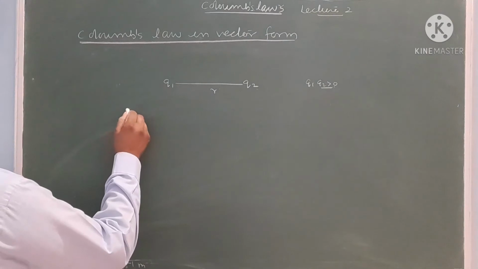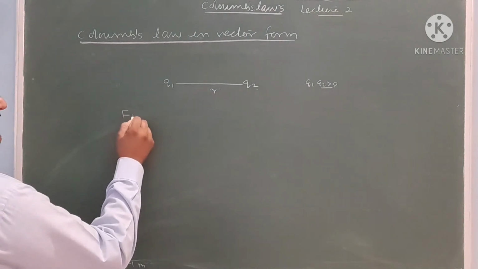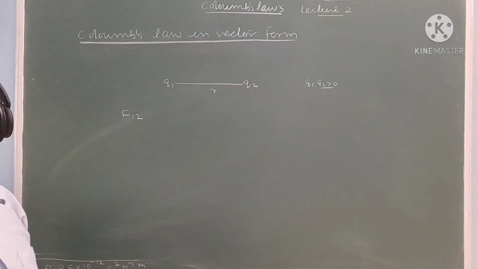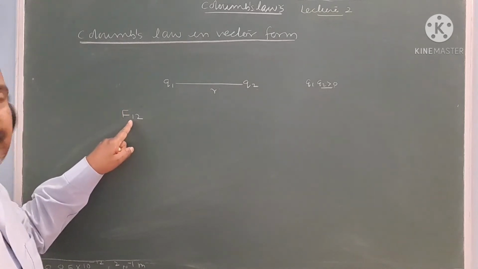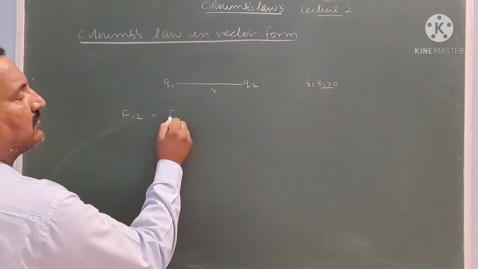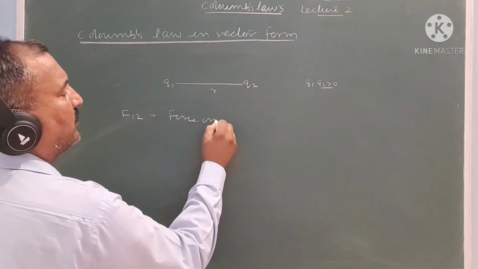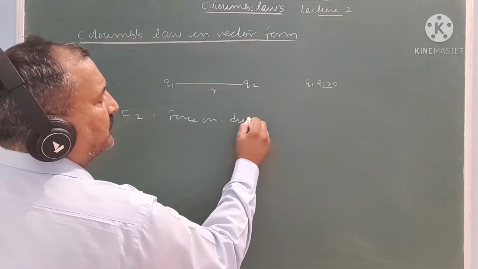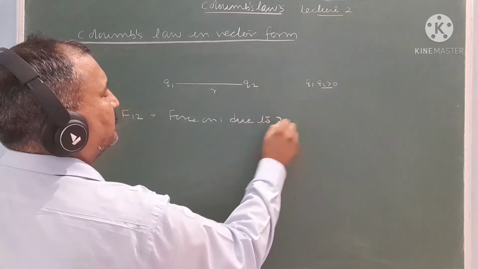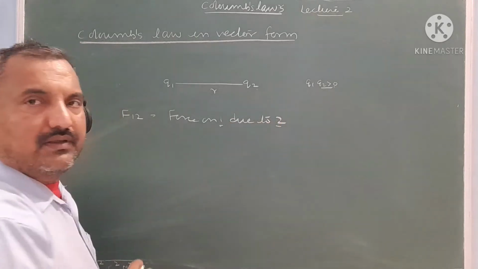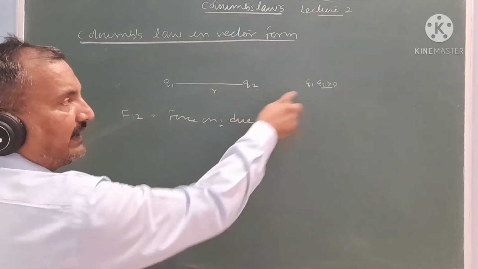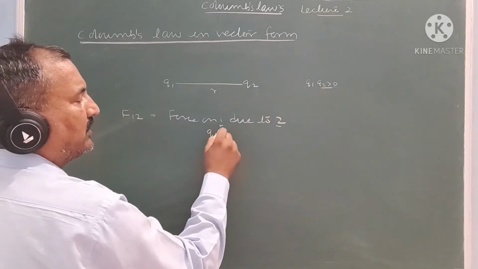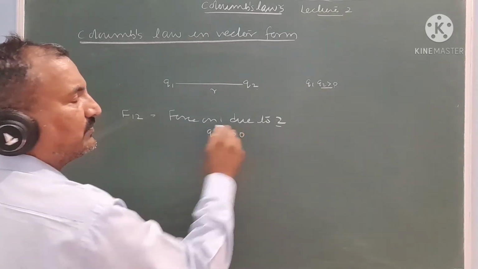Suppose force F12. How will we write force 1 and 2? It means force on 1 due to 2. Already we have learnt Q1 Q2 is greater than 0.